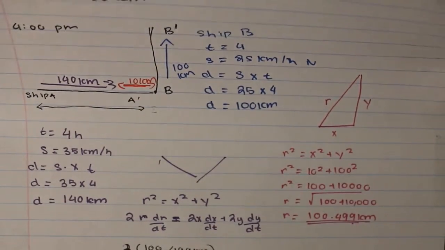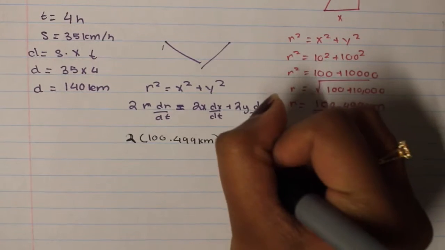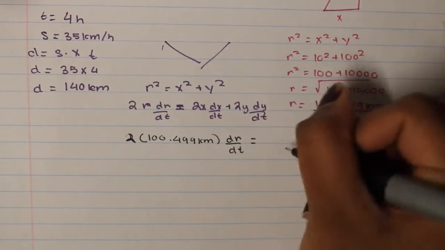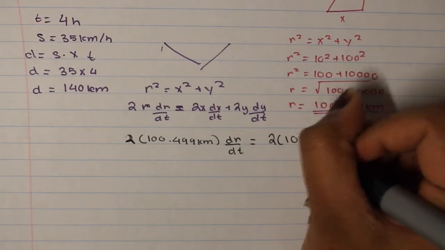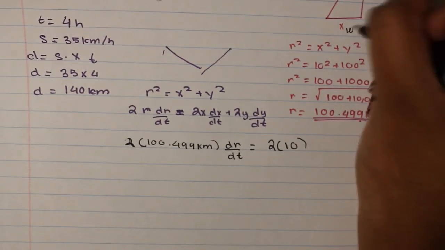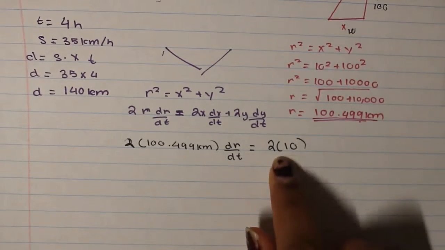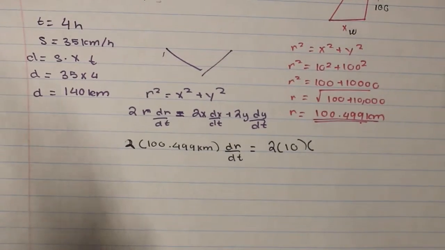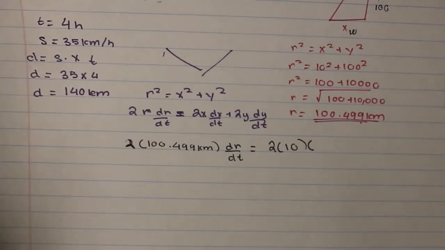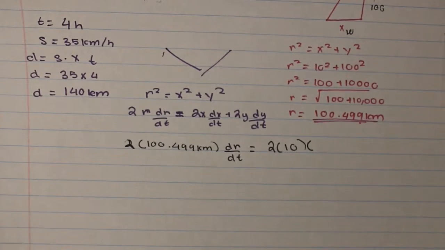So 2 times 100.499 dr over dt is equal to 2 times x, which we know is 10, and we know the rate it's traveling at. So dx over dt, we know that ship A was initially traveling at a rate of 35 kilometers per hour.